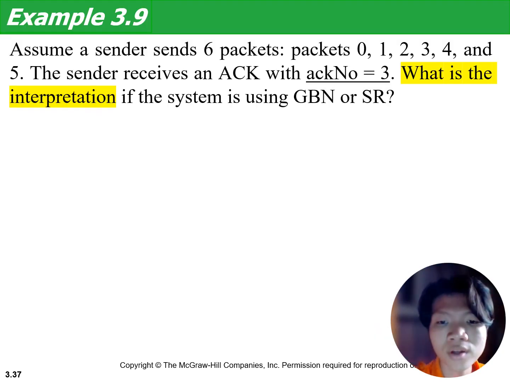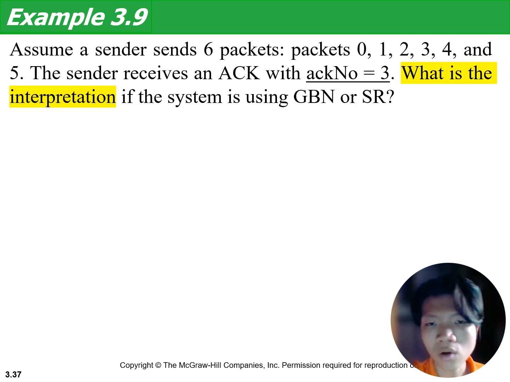Example 3.9. Assume a sender sends 6 packets: packets 0, 1, 2, 3, 4, and 5. The sender receives an ACK with ACK number equal to 3. What is the interpretation if the system is using Go-Back-N or Selective Repeat?